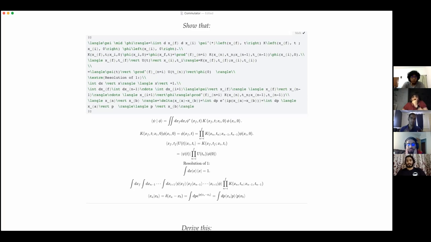Because <x|p> is e^{ipx} and <p|x> is e^{-ipx}. And that gives me the two terms here that come together like this.